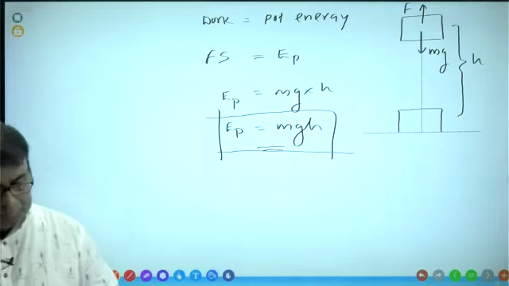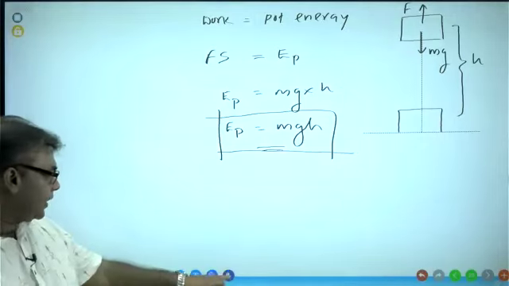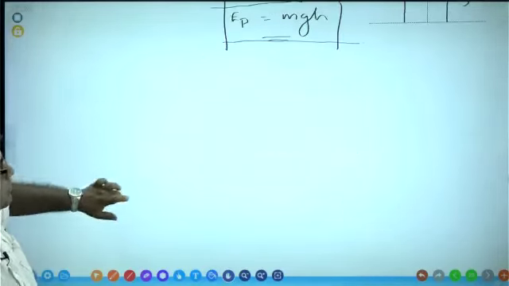Okay, next one. Derive an expression for elastic potential energy. Right. Can you introduce the basic process? Say it, right.